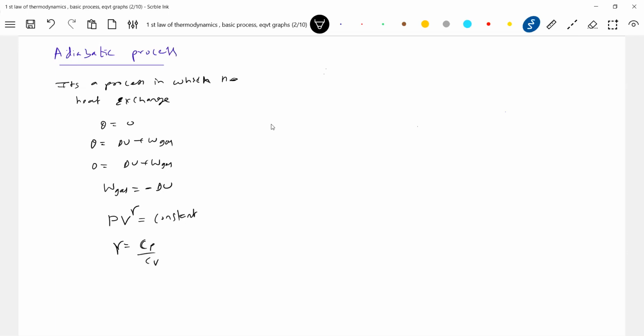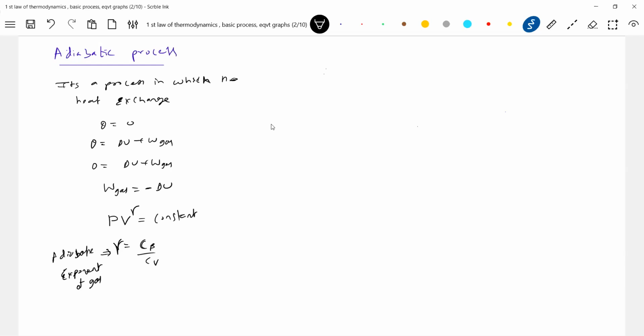I think if you can remember, this is called the adiabatic exponent of gas. So for the adiabatic process, pressure and volume are related by this equation.